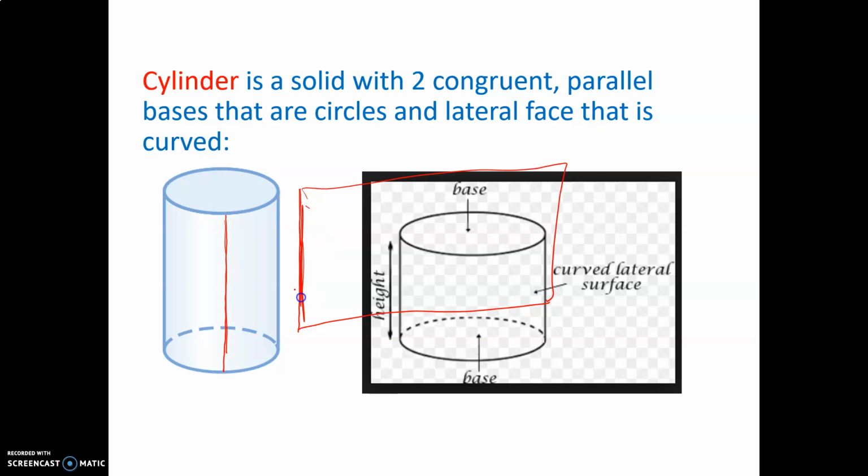It's going to have the same height as the height of the cylinder, and then this around here was the circumference around here. When I open it up, this is also going to be the circumference of 2 pi r. So if I'm going to find the surface area, it would be 2 pi r squareds plus 2 pi r times the height of the object.